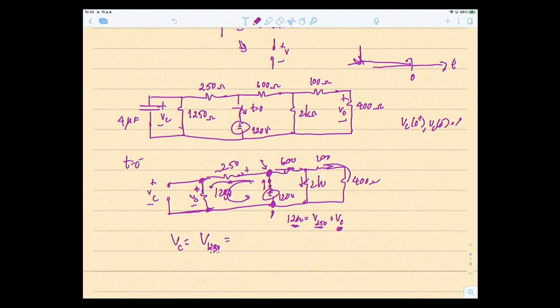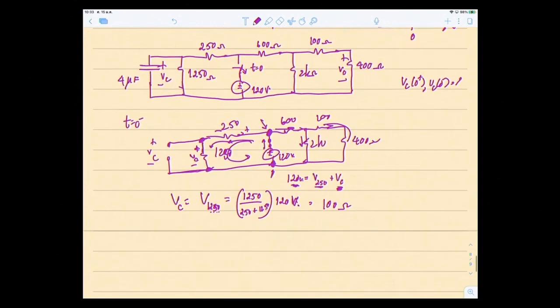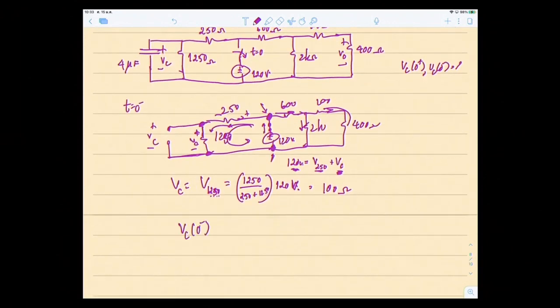The formula is R times 1250, divided by R total, which is 250 plus 1250, times the 120 volt, and the answer is 100 volt. So therefore, VC at 0 minus is equal to 100 volt.